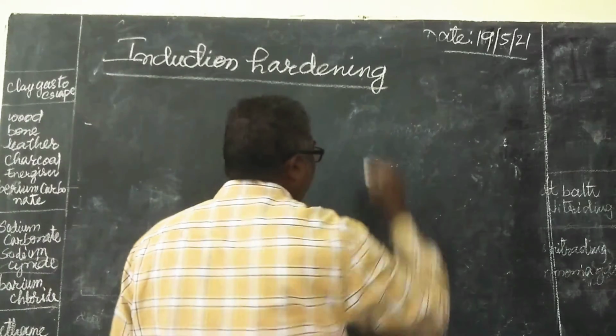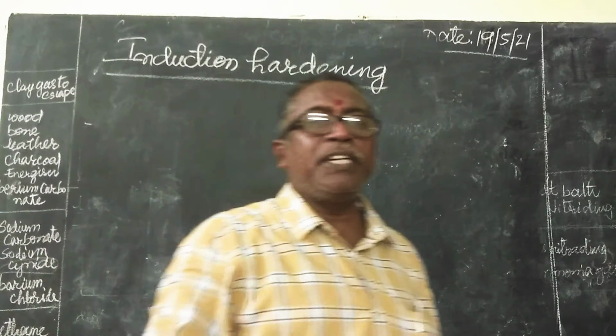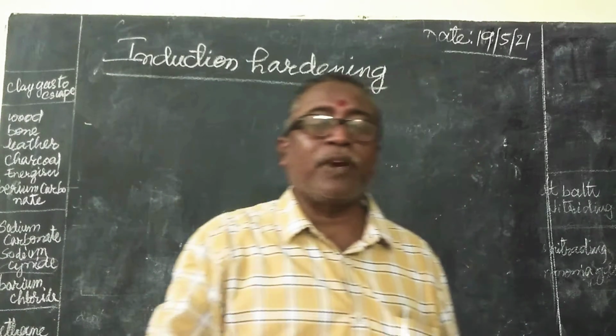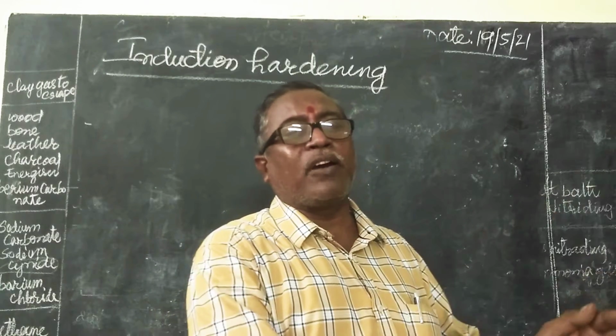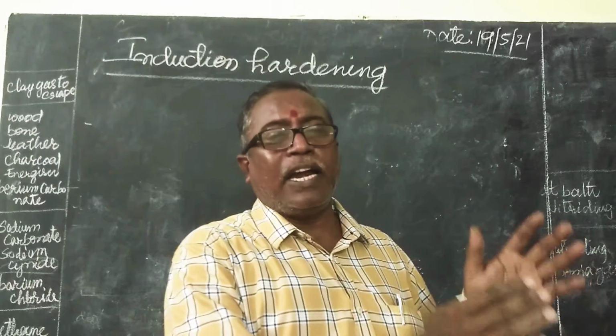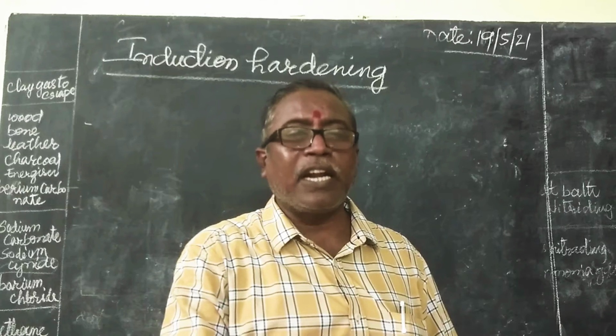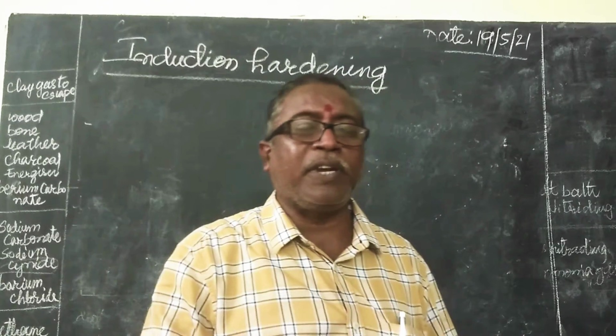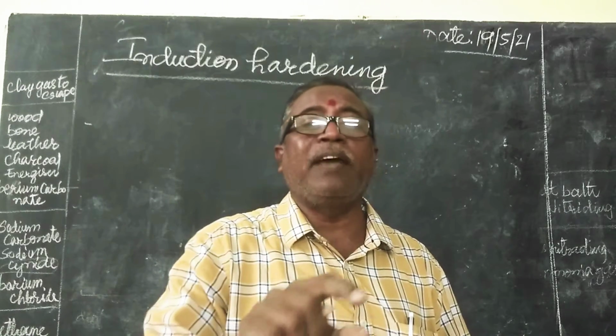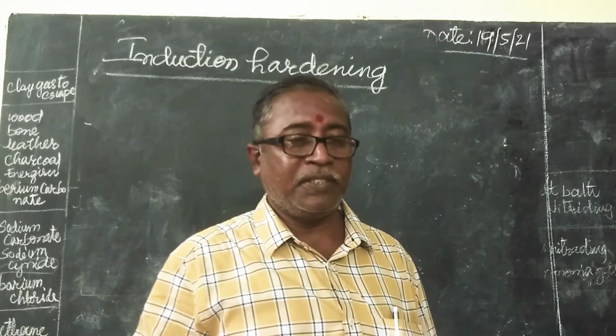So what is induction hardening? This induction hardening is different from that. There, a number of pieces we can harden at the same time. Here it is not like that. Every time one piece, not even the whole piece, only a part of the piece.